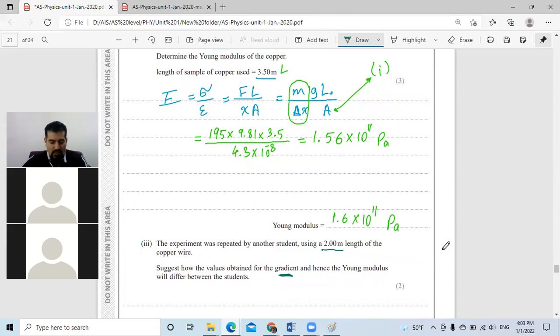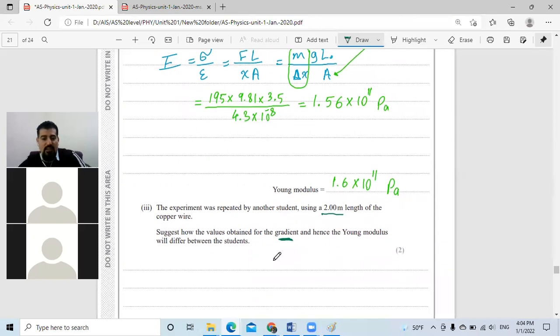Because we have a shorter wire, that means the extension will be smaller, so the gradient will be greater. That's number one. Number two, what about the Young modulus? Of course, it remains the same.